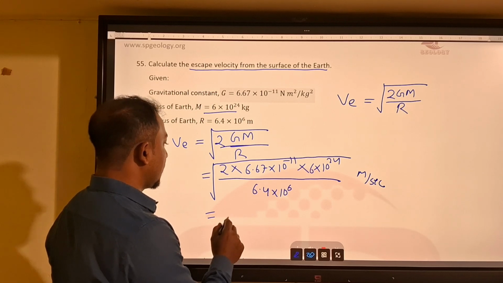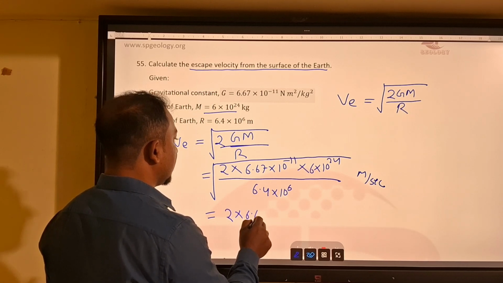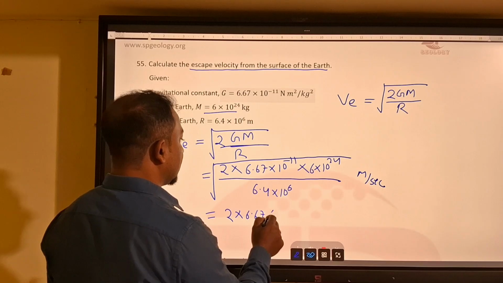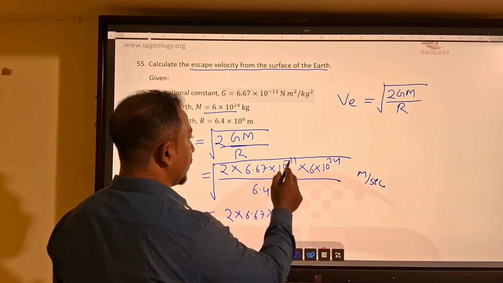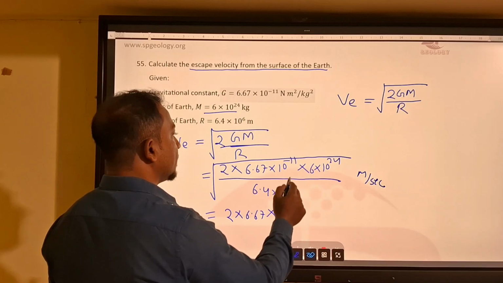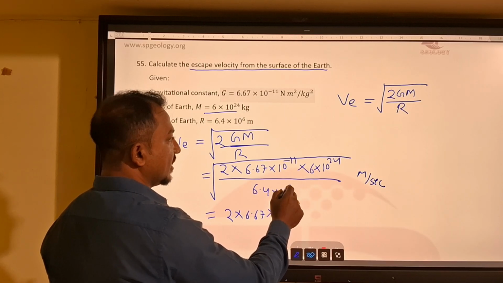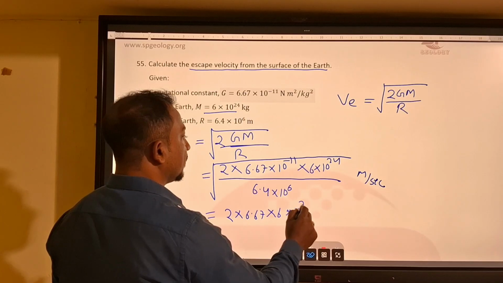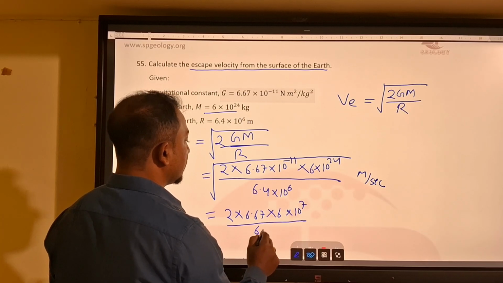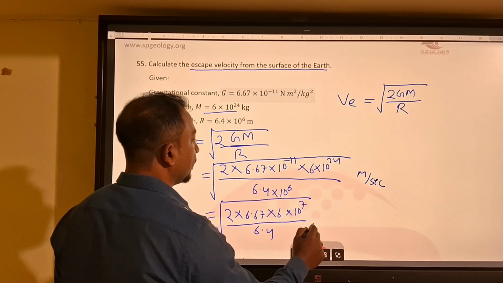Now we'll solve this. 2 into 6.67 into 6, it will be 13, then 6 to 10 to the power 7 divided by 6.4, root over.